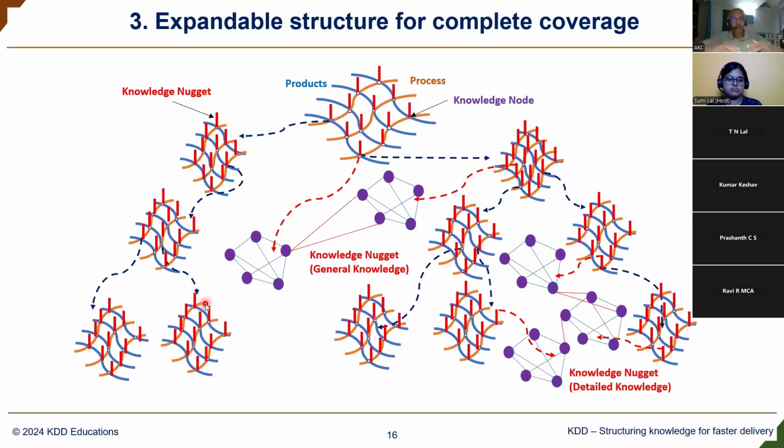You can keep breaking it down. The knowledge still remains in the knowledge nugget, at all these levels. But the knowledge you gathered at, say, level 1 or even level 2 to some extent, you call generic knowledge, because this is still at a high level.